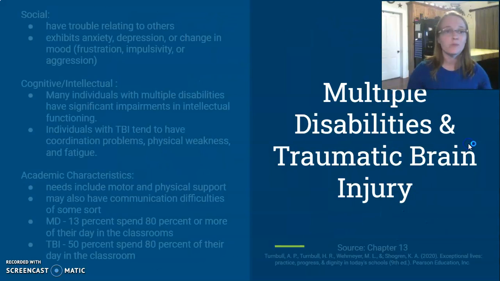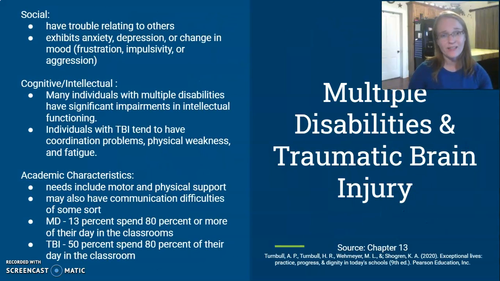Multiple disabilities and traumatic brain injury, they're going to have trouble relating to others, and there's anxiety, depression, frustration. All of this comes from this disability. Many individuals with multiple disabilities actually have intellectual functioning disabilities as well, or impairments to that.